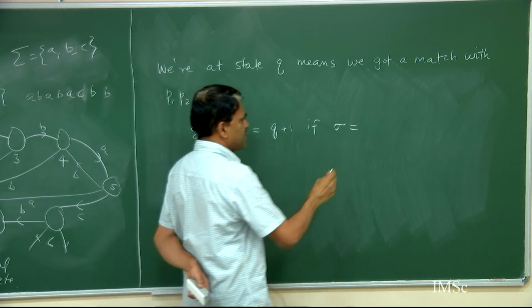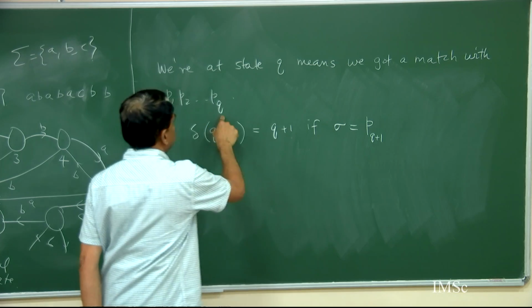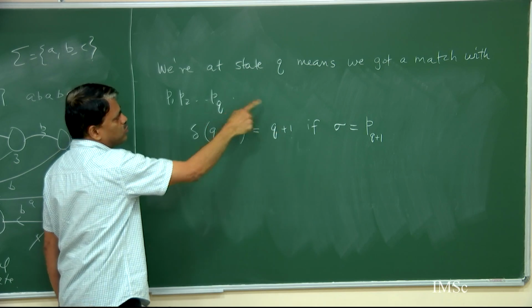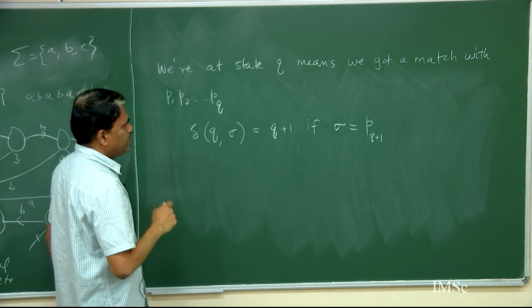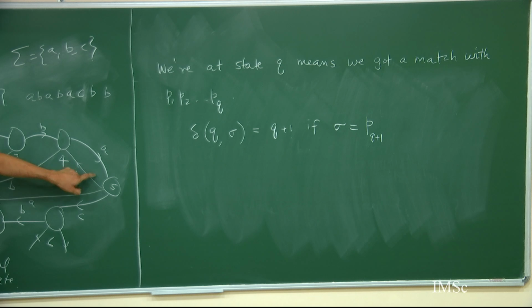The next text is PQ plus 1, because I matched up to this point. Now, the next text comes, if it happens to be PQ plus 1, I just go to Q plus 1. Good. That's an easy case, right. I am here, and if I get any A, then I just go to next state, that is clear. This is only if Q is less than M.